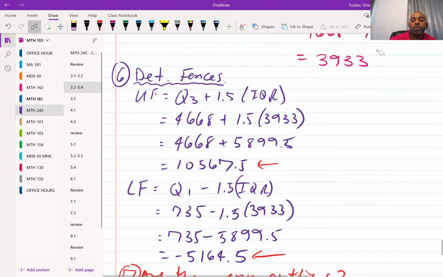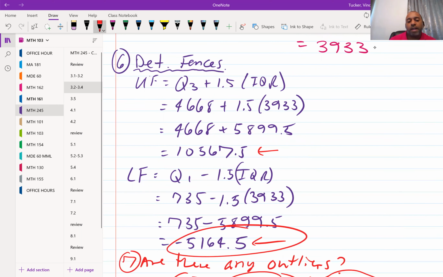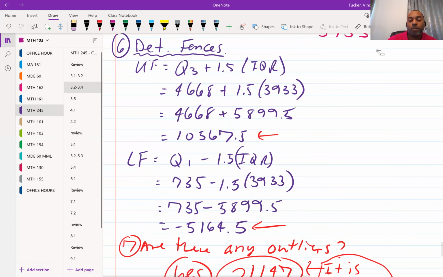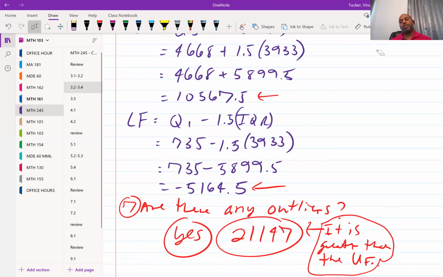Any problems? So now that we have the two fences, if anything is greater than 10,567.5, then it's an outlier. If anything is less than negative 5,164.5, it is an outlier. So we go back to our data set and we check that out. And yes, we do have an outlier, 21,147, because it is greater than our upper fence.